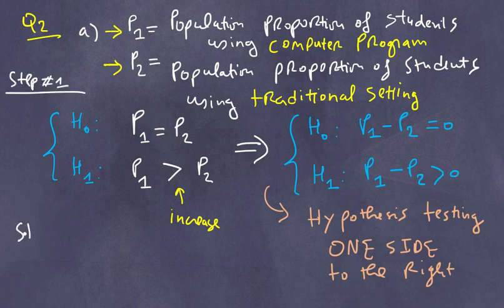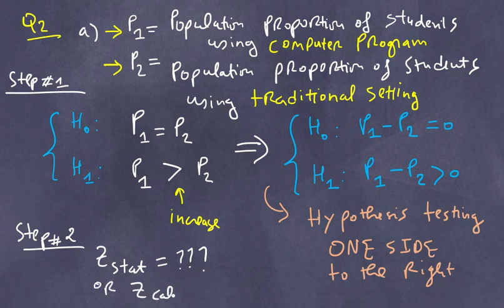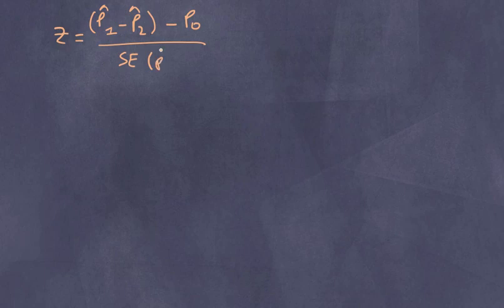And in step 2, let's find Z stat, and some people call it Z-calc. Now Z is P1 hat minus P2 hat minus P0 over the standard error of P1 hat minus P2 hat. This is Z stat.